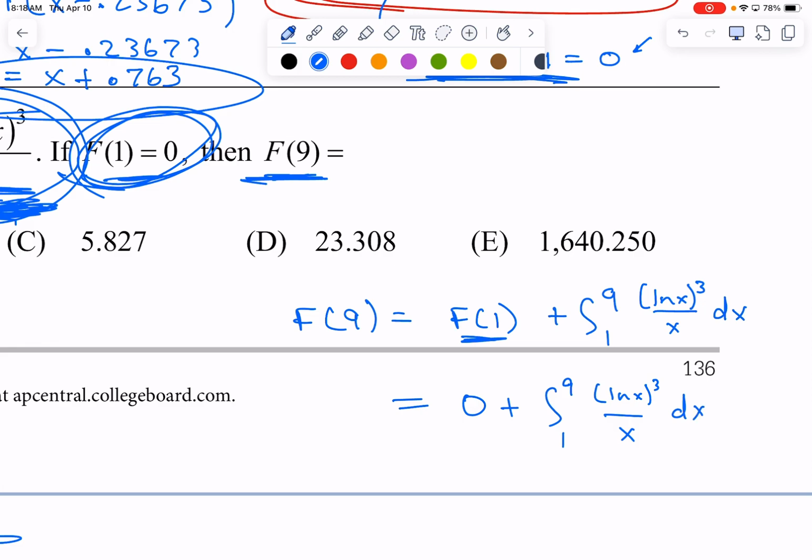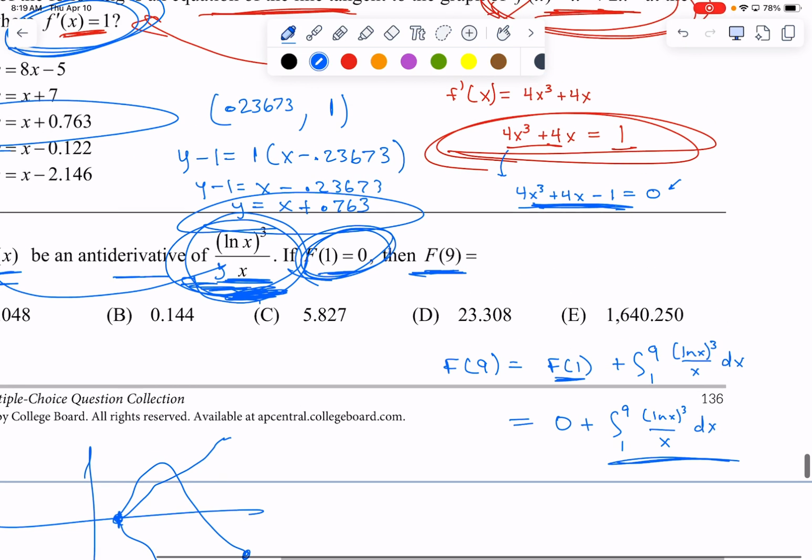You have a calculator, so what can you use? Math 9. Definite integral from 1 to 9 of ln x in parentheses to the third power divided by x dx. And tell me what you get.